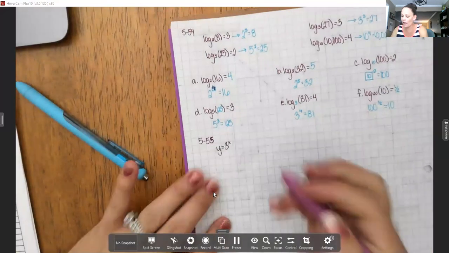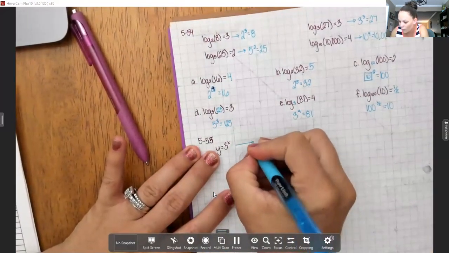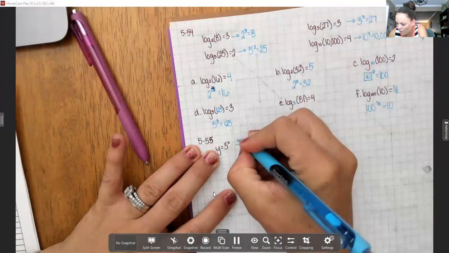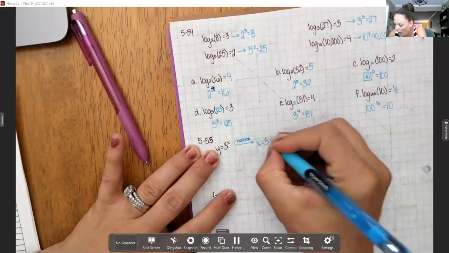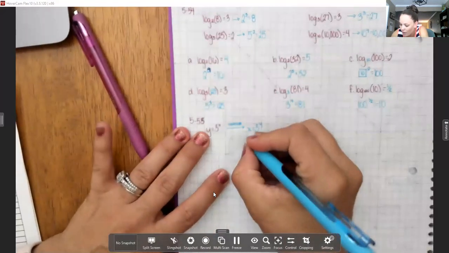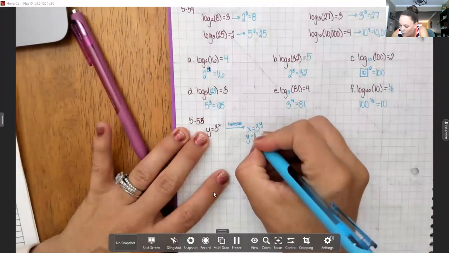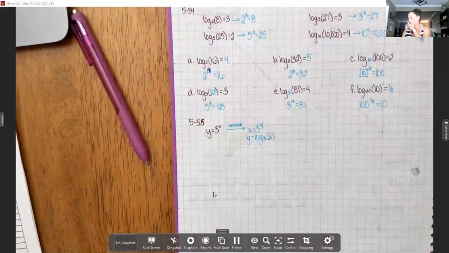So here, for y equals 3 to the x, the inverse, we said is x equals 3 to the y by just switching x and y, but that's equivalent to y equals log base 3 of x.